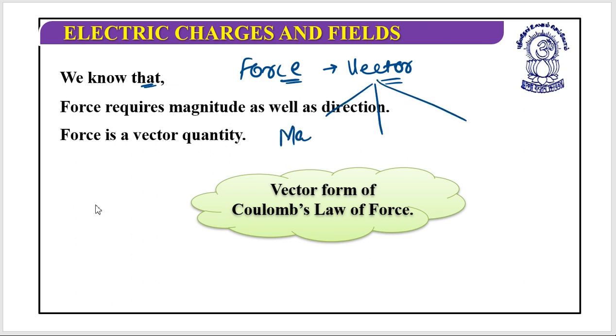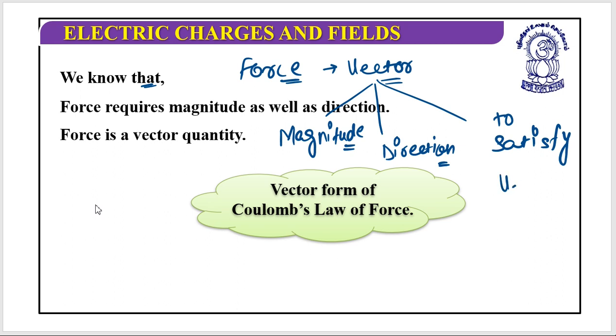One is the magnitude, second is the direction, and third, try to recall what all a vector requires. It requires magnitude, it requires direction, as well as it requires to satisfy vector algebra.